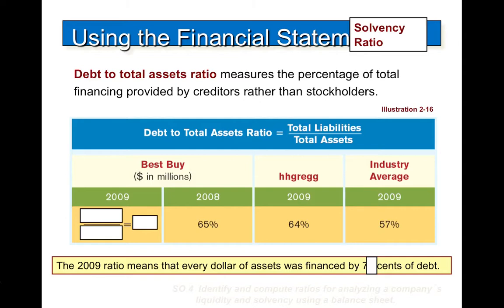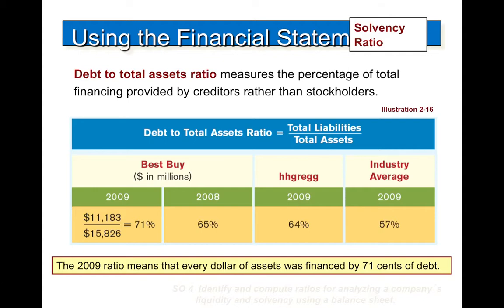We compute the debt to total assets ratio as total debt divided by total assets. So in Best Buy, 11,183 divided by 15,826 equals 71%. The 2009 ratio means that every dollar of assets was financed by 71 cents of debt.